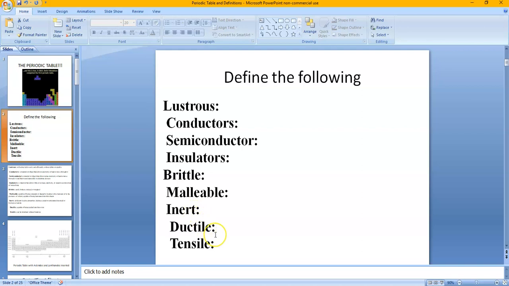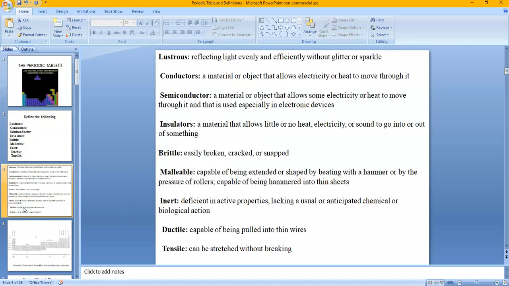Ductile means that you can pull the substance into thin wires, like metal is ductile. You've seen lots of metal wires before. And then tensile means that it can be stretched without breaking. Okay, so these different definitions, we are going to use them in order to describe different properties, so they're important to know.